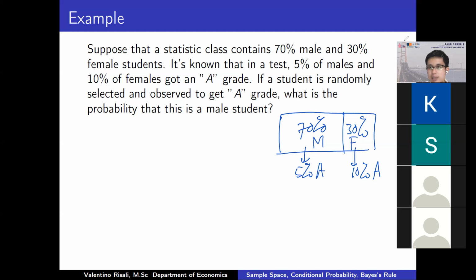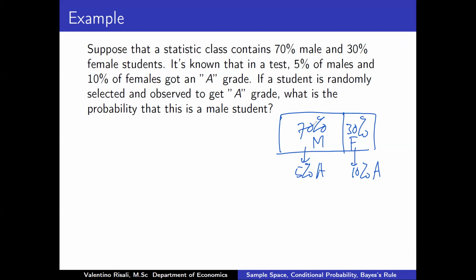Okay, if there's an idea, let's discuss it together. Of course, the set of male students and female students form a partition, right? Because all of the class consists of these two groups, and these groups are disjoint, right? So M and F are the partition.